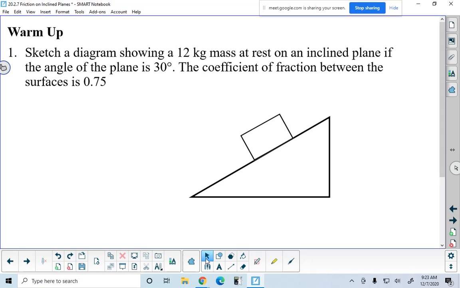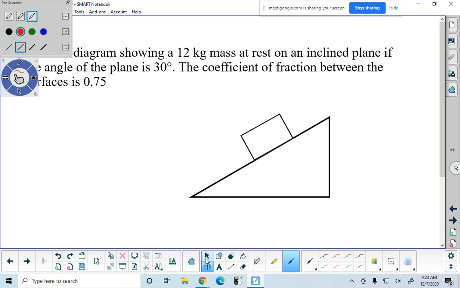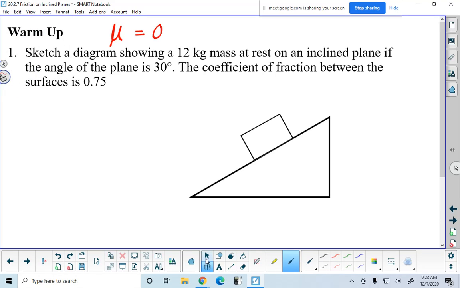So what I want you to understand here, probably before we get going with this, is if that block is made of oak and that ramp is made of cedar, then the coefficient of friction is 0.75 no matter how steep the ramp is. That 0.75 for mu is an actual property of the surfaces. So mu equals 0.75 would still be 0.75 if the object were on a horizontal surface.